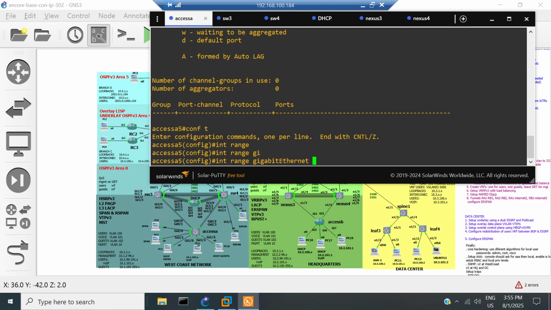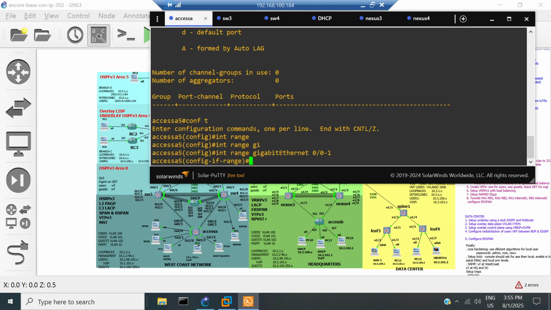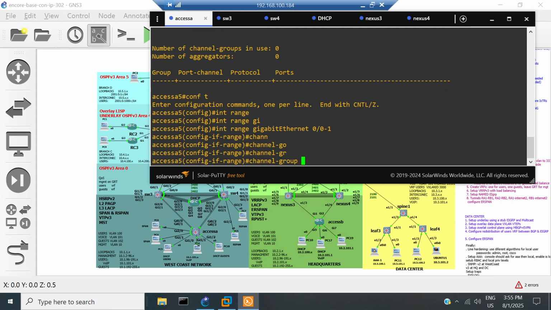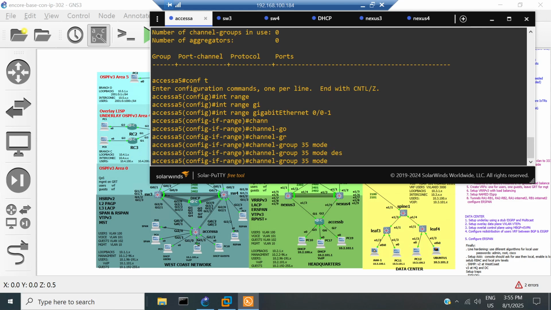So I'm going to use these 2 interfaces, gigabit 0/0 and gigabit 0/1. I am just following the diagram, and then channel group, I'm going to call it channel group 35, since it goes from switch 3 to my access A, and mode desirable.